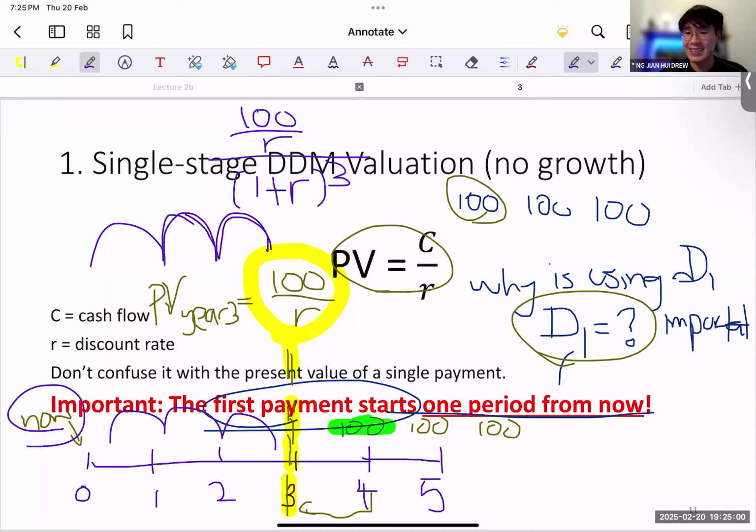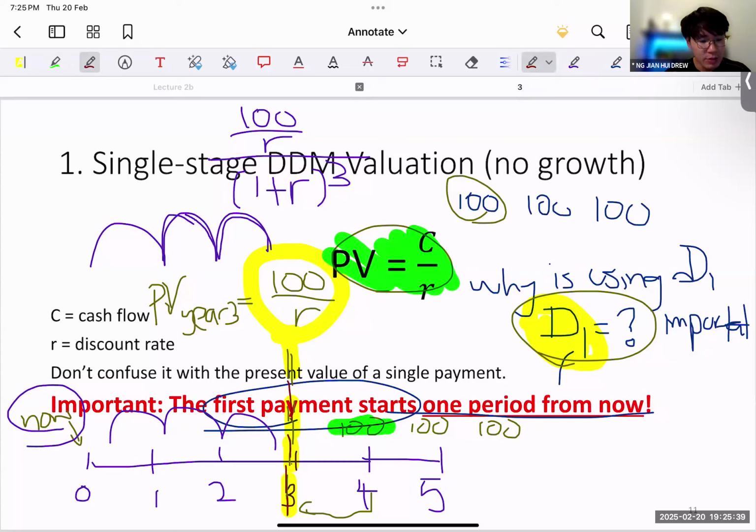This is very important because I always notice that questions like to try to trick you. Why is this D1 important? When you take D1, meaning that if the firm starts paying dividends only in year four, when you use this formula, the formula takes into account the period at year three.